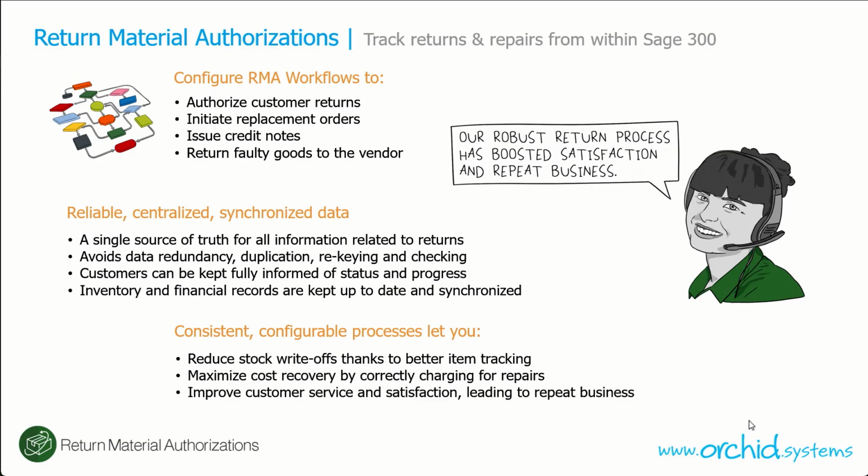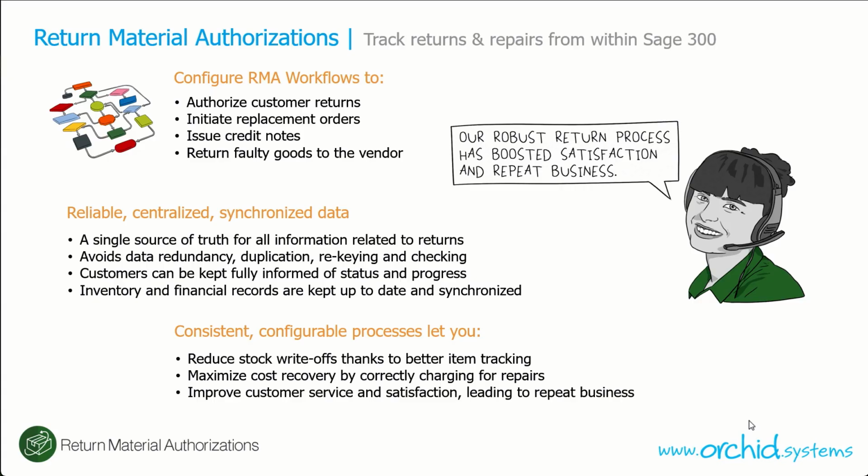Return Material Authorizations lets you track returns and repairs from within Sage 300. So you can configure your RMA workflows to authorize customer returns, initiate replacement orders, issue credit notes, return faulty goods to the vendor. You have reliable and centralized data with a single source of truth for all information related to returns.